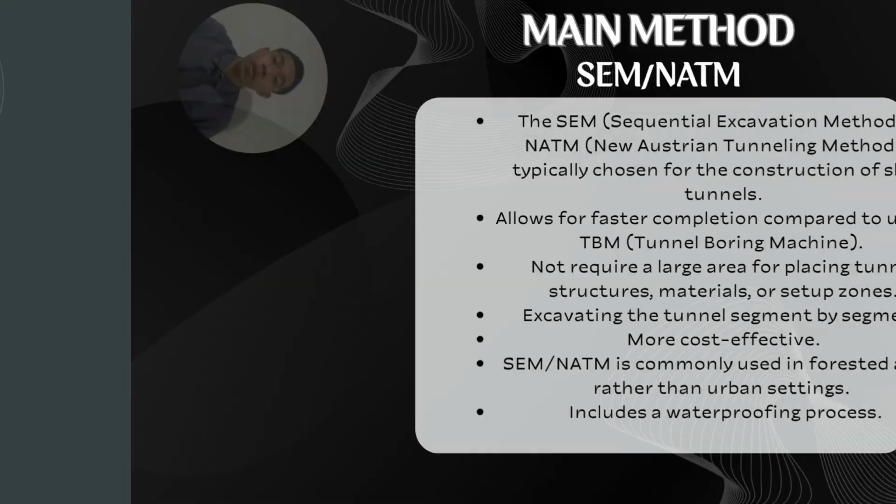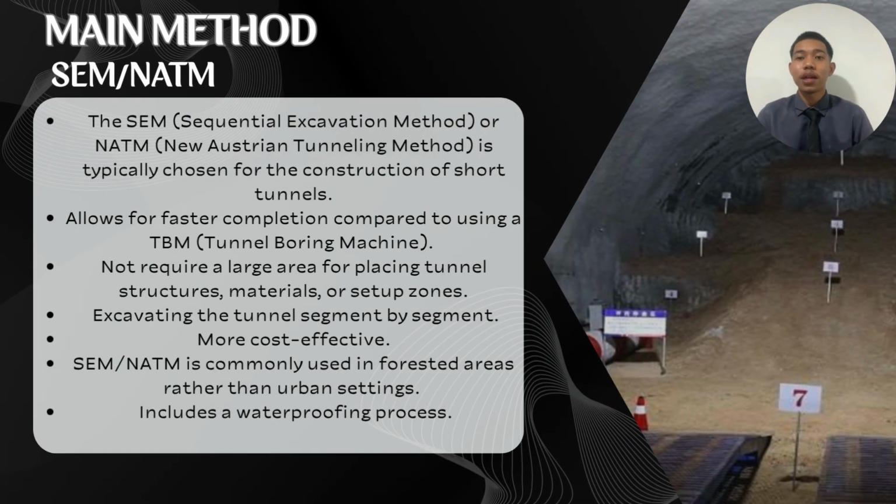For this section of our group presentation, I will focus on one of the tunnel construction methods used in the ECRL project, the Sequential Excavation Method or SEM, also known as the New Austrian Tunnelling Method, NATM. This method is chosen mainly for short tunnels and is highly efficient in terms of time and cost compared to a tunnel boring machine, TBM.